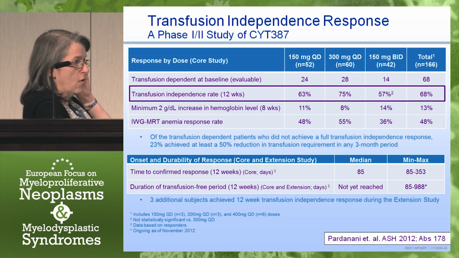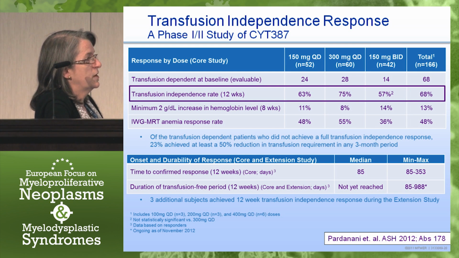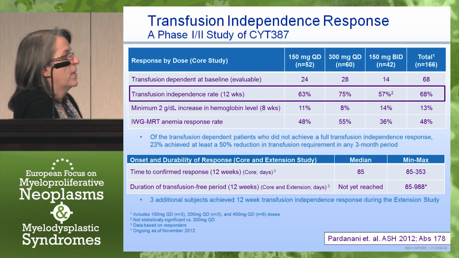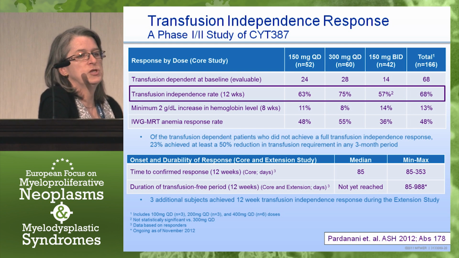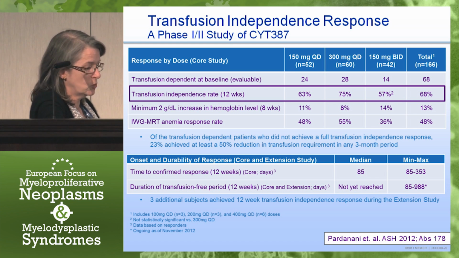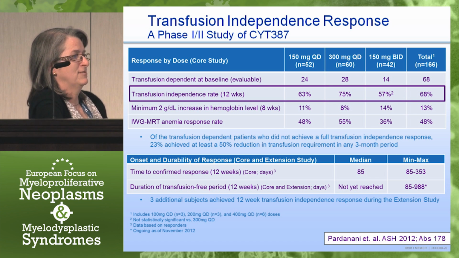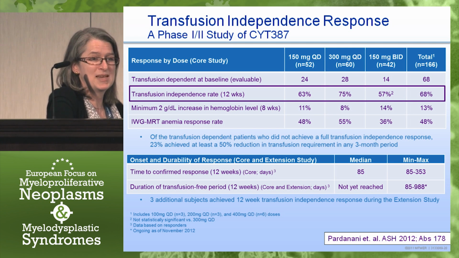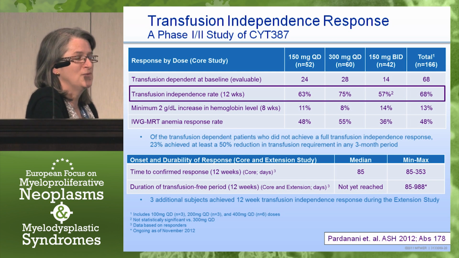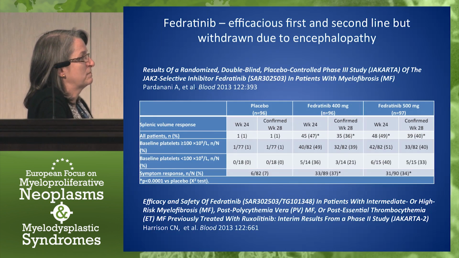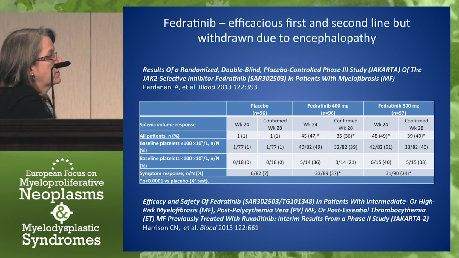This is a study of momelotinib, and it's really making the point again that as patients are on this, at baseline, these are the ones who are transfusion dependent, and over time the rate of transfusion independence increases over the doses. So this is a different drug, and if it, as we've heard already, fulfills its promise, it may be better from the point of view of managing the anemia.